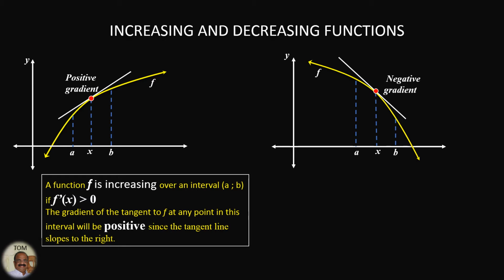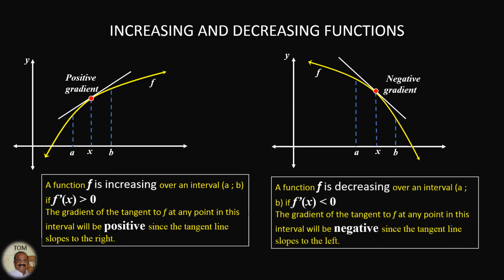Gradient means derivative. So f dash x will be negative: when you substitute a value for x, you will get a negative number there. So we say f dash x is less than 0. When f dash x is less than 0 in the interval, we say this function is decreasing over the interval ab.